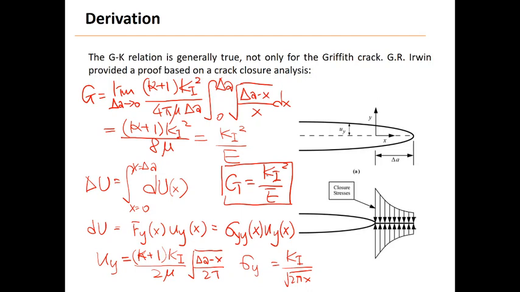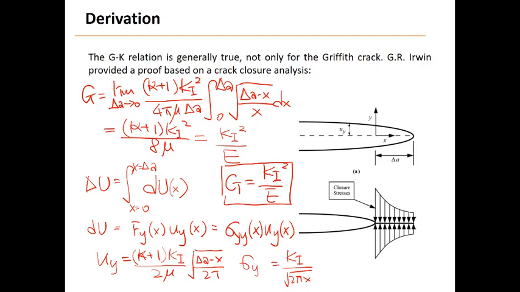Finding out the stresses, solving the boundary value problem, and finding out all the stresses is fairly difficult for DCB. But then we can find out the energy release rate from the DC beam, and depending on whether this is a thin beam or a very thick beam, that either you're in plane stress or plane strain, then you can find out what is the corresponding Ki, right? The stress intensity factor for DCB, right?